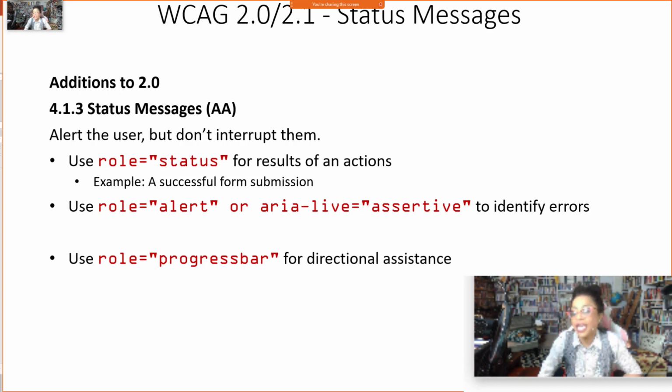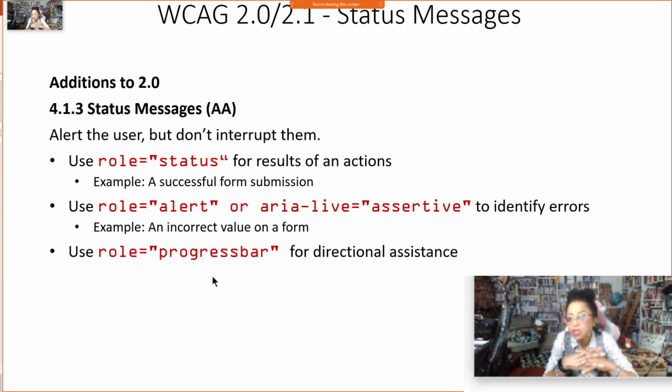The role of status also has a default ARIA atomic value of true, so updates to the container marked with a role of status will result in the AT presenting the entire contents of the container to the user. So for my developers, I won't go into a lot of detail on this, but consider looking at the role equal status when you are developing for a status update.